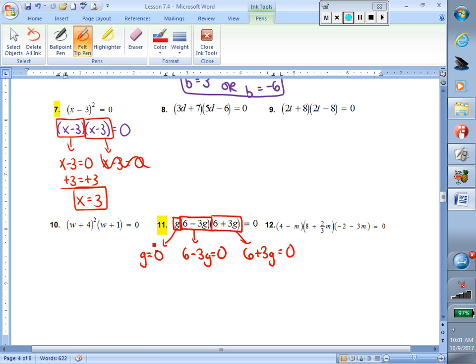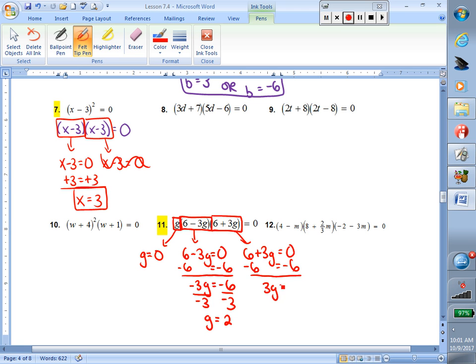g equals 0, that's already solved for me. My second one, I have to subtract 6. Be careful, we're left with a negative 3g equals negative 6. Divide by negative 3, g equals 2. Again, we subtract 6.